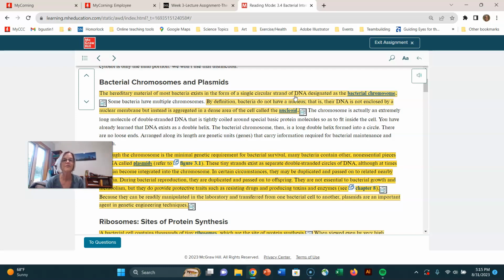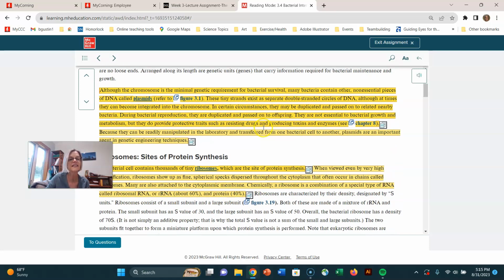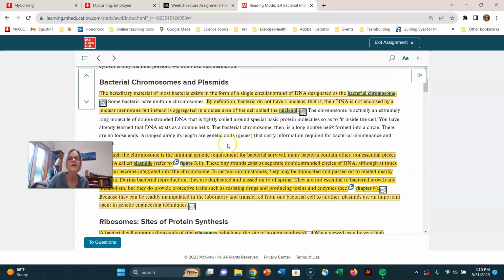Bacteria have many fewer functions compared to many eukaryotic cells, and it turns out the bacterial chromosome is typically a single circular piece of DNA. It's a long helix formed into a circle.